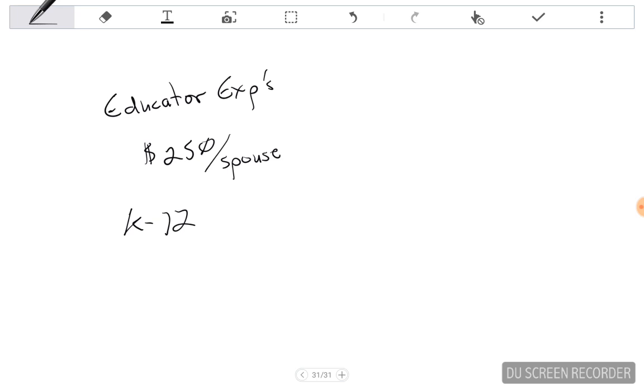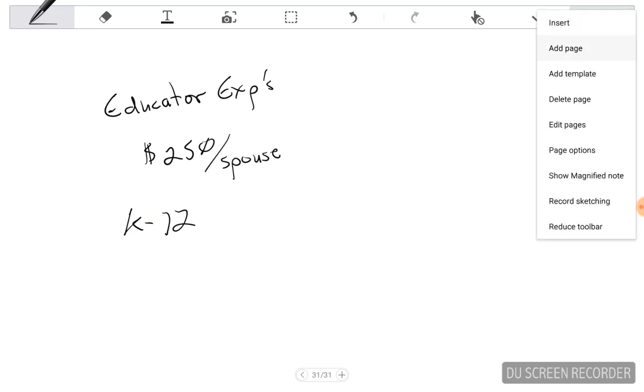Okay, so it looks like the last one we've got is the tuition and fees deduction. Alright, so most of the time you're going to be better off taking one of the educational credits. And so let me just write those out over here.